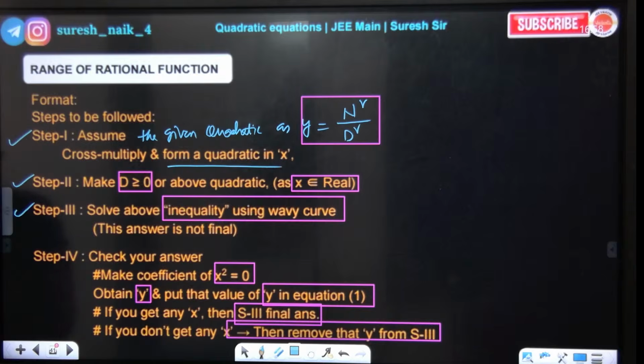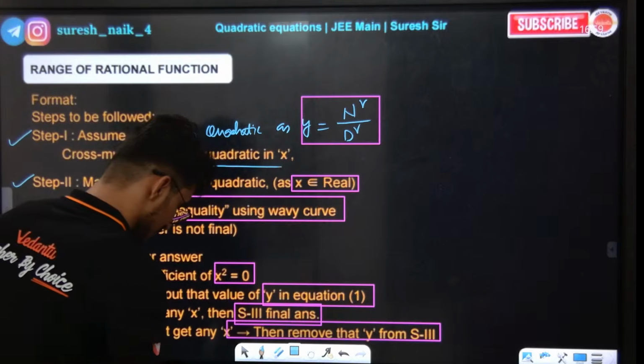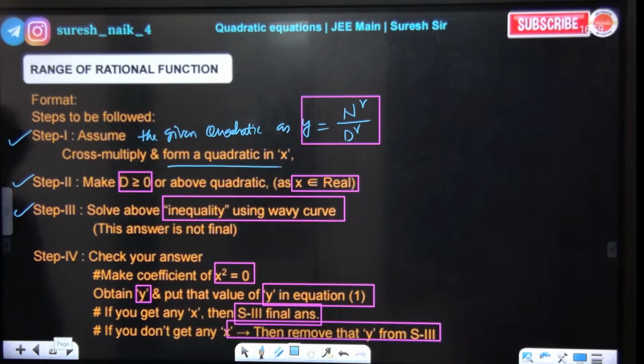Sir, firstly I want to understand one point. I'll give one question in terms of quadratic by quadratic. How to find out the roots of that, I'll tell you.